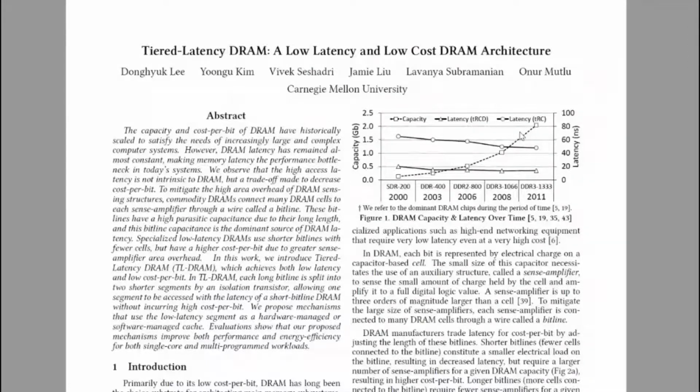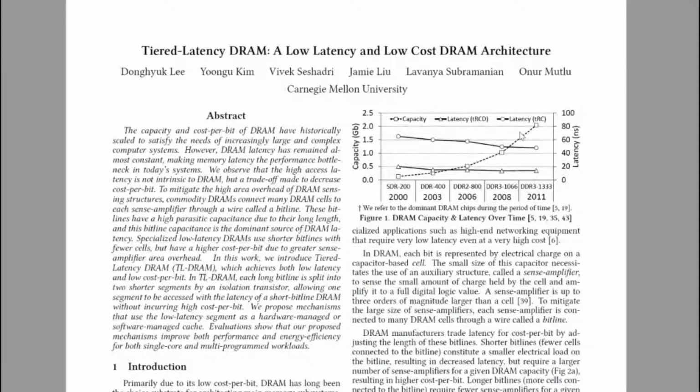But how to reduce them? Both tRCD and tRC mainly depend on the bit lines. If you remember the basic structure of a bank, both are moving data between a row and the row buffer, or sense amplifier.